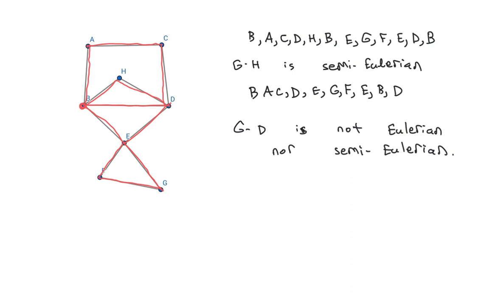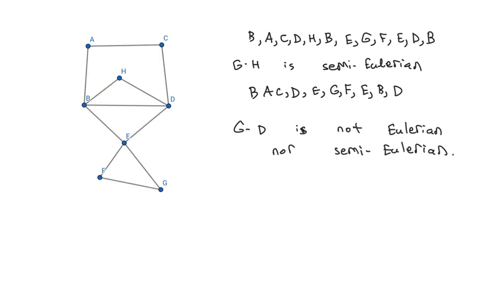So we just go down to E, then to G, F, E, B, and then D. And so as you can see, we cross every edge once, but we don't end up where we had started, so this isn't a circuit. So this graph where we've removed H is semi-Eulerian.